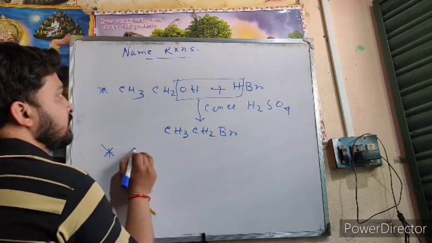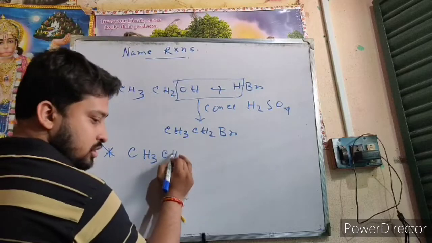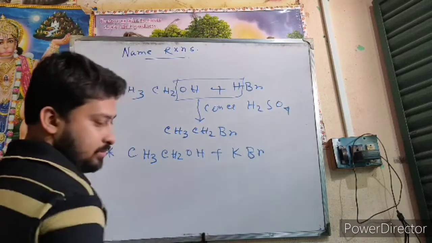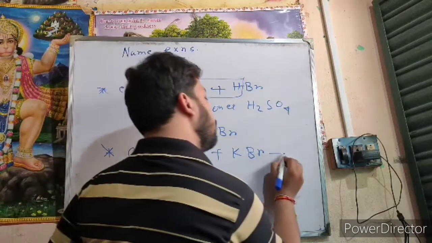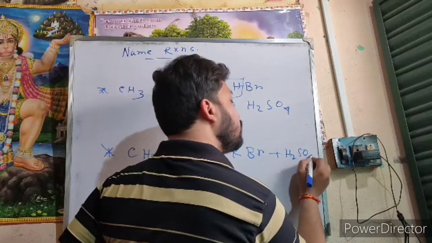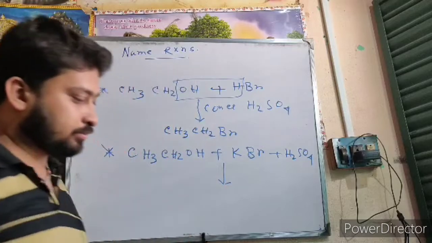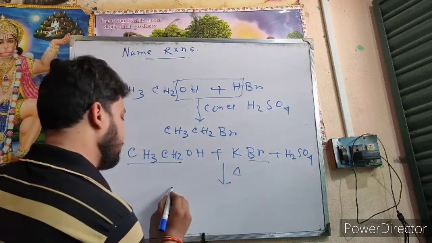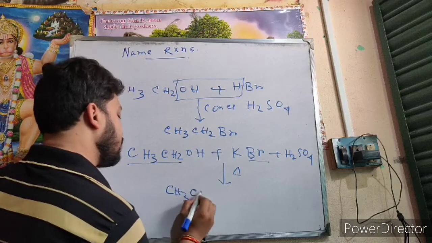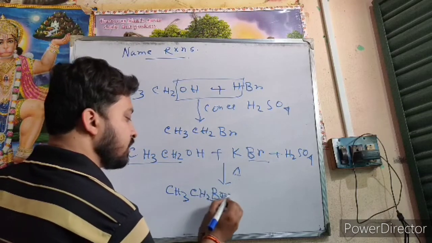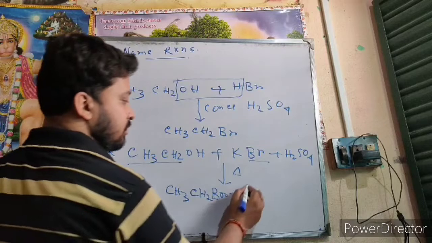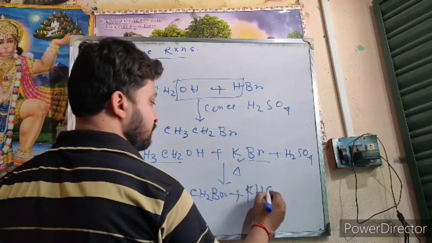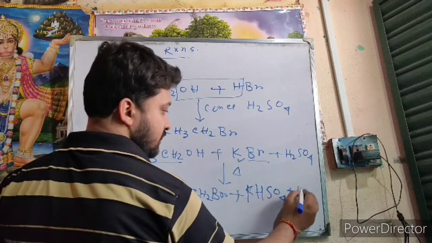And the next is CH3CH2OH reacting with KBr in the presence of H2SO4. So the product is the same, CH3CH2Br, and you get as side products KHSO4 and obviously water.